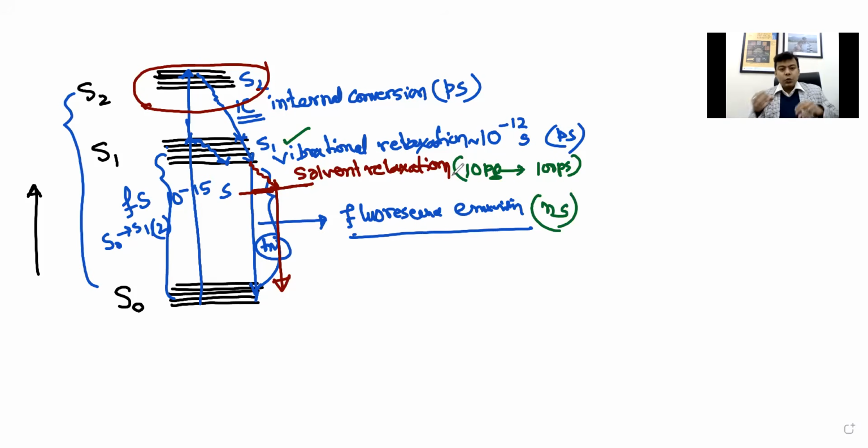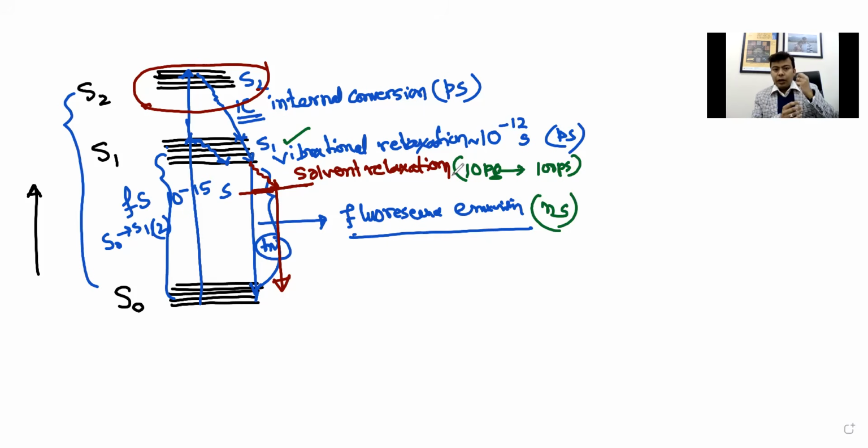So the question is why fluorescence occurs from the lowest vibrational state of the higher excited state. That answer lies in the time scale, because vibrational relaxation is much faster compared to fluorescence emission.